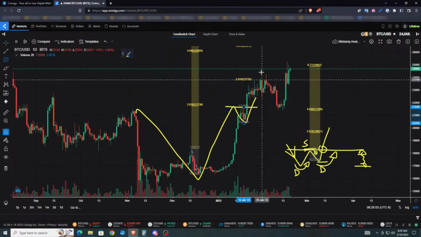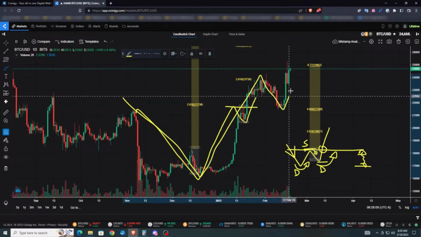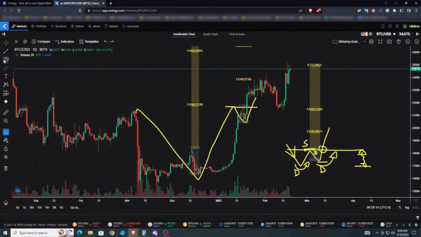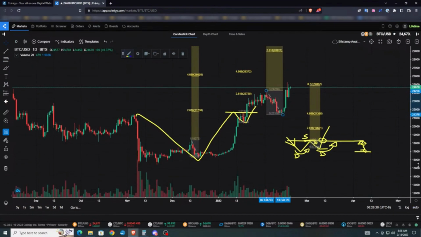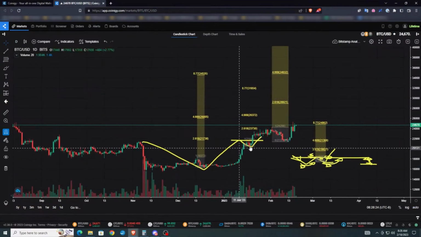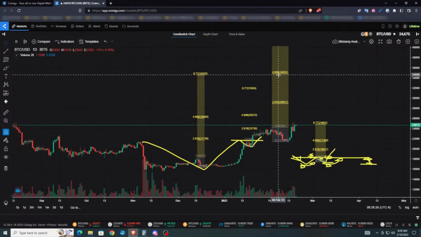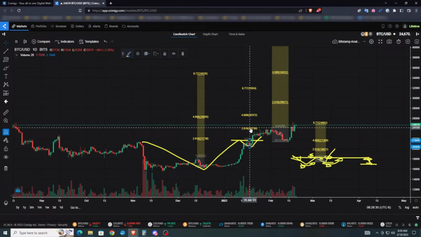What it does mean is we could technically infer that this is a big W, which means we could do a study from here all the way up to here. And let's see where that paints levels. Notice, and this is a really cool aspect of chaos theory, you'll see that we have what I like to call confluence.